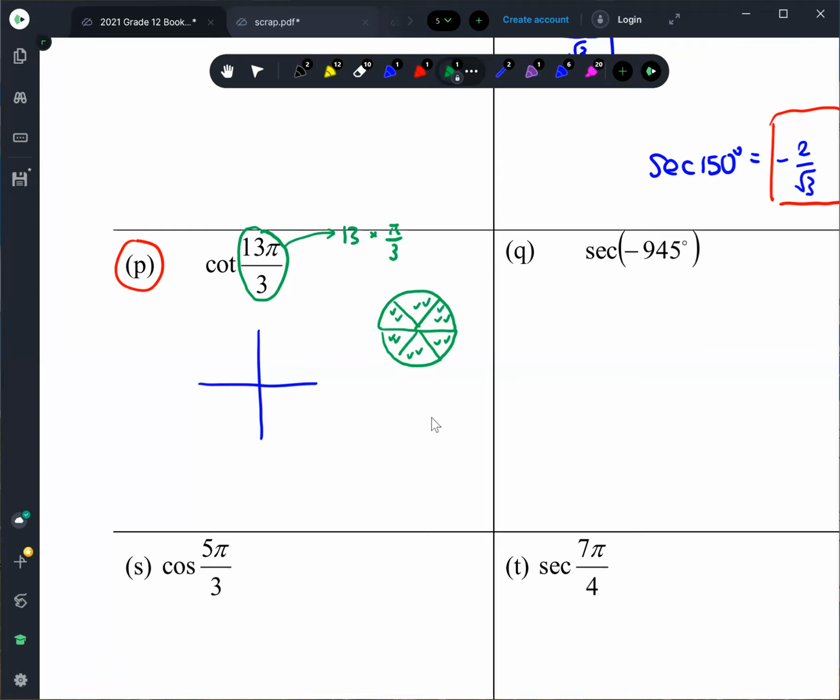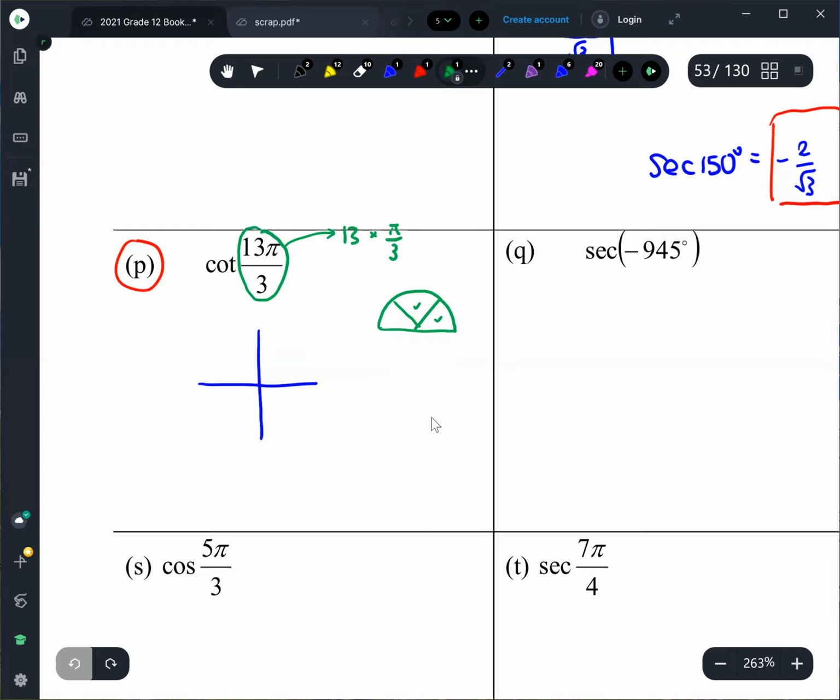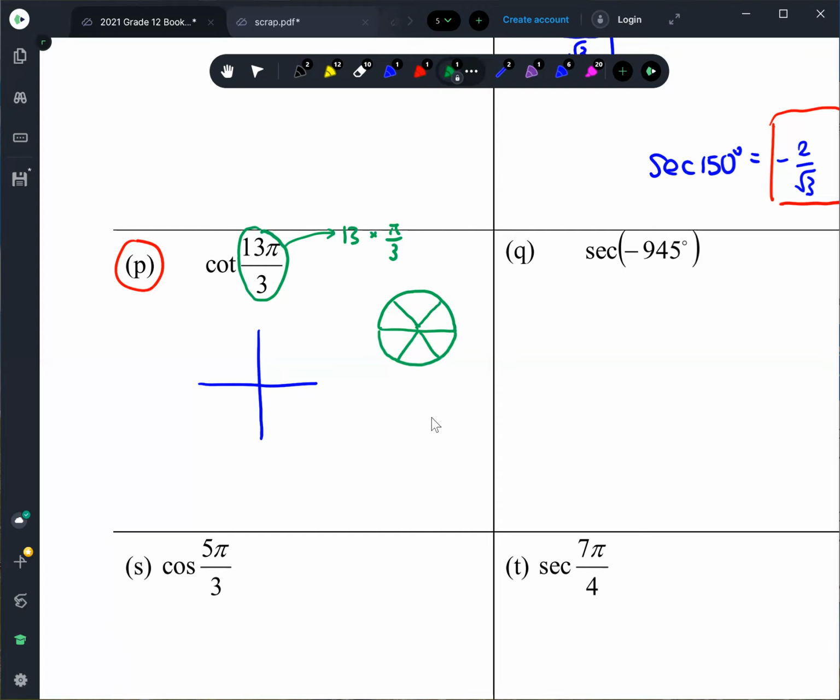Understand how we count it? I'll count one more time. You see it's pi over 3, so you draw a picture like that, cut into 3 pieces on each half.